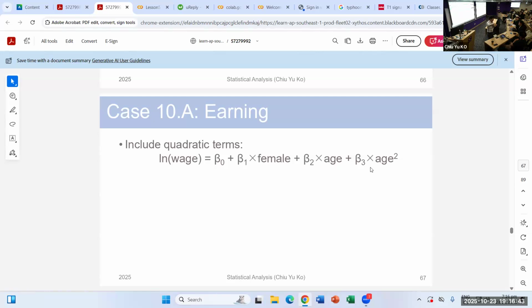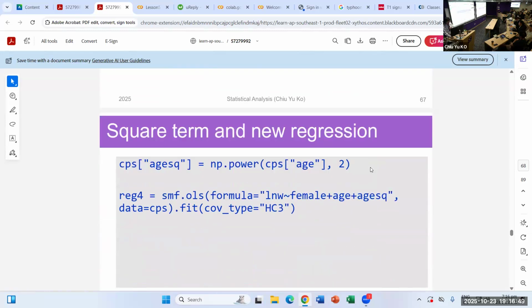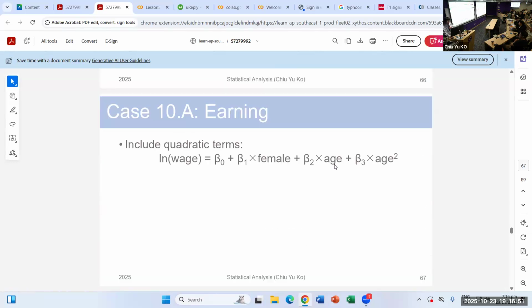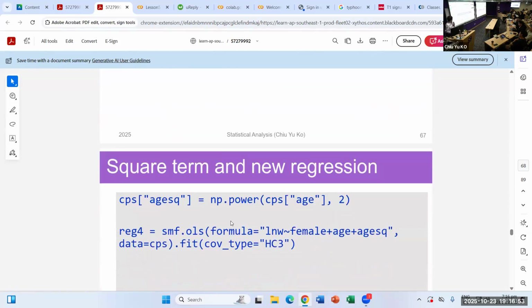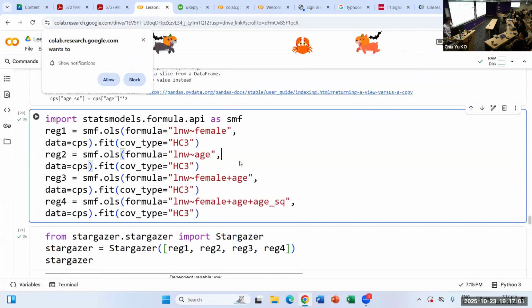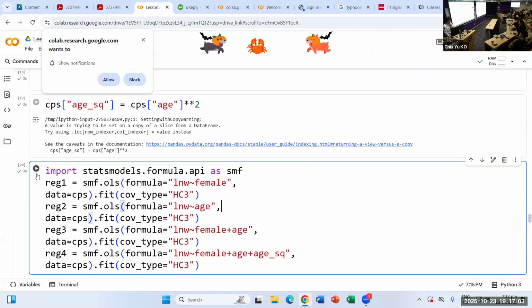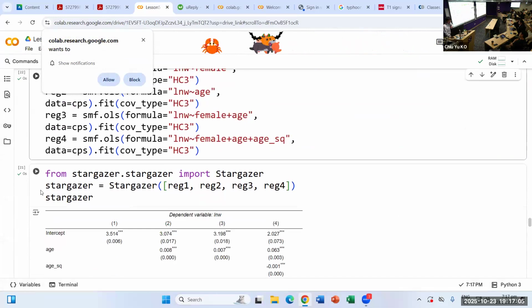So then you can go down. That means that you have to create a square term and run the regression again.